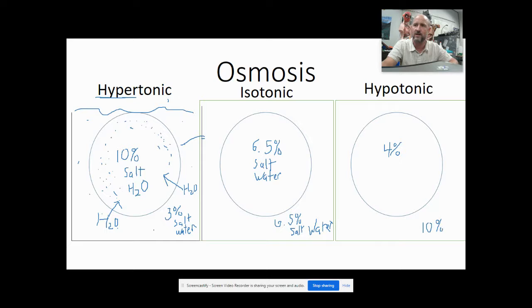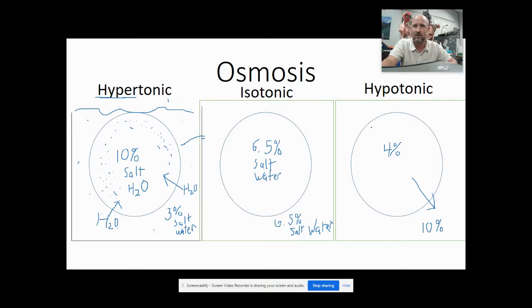Now, which way does the water want to go? Okay, it's going to move from low to high. Okay, so until it balances out. But what's going to happen there is I'm going to take all the water away from my cell, and all my water is going to go into here. So I'm drinking salt water, but instead of putting more water in my body, I'm actually drawing water out.